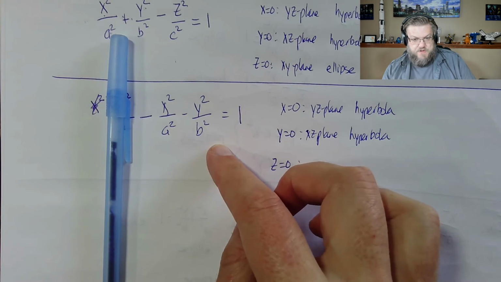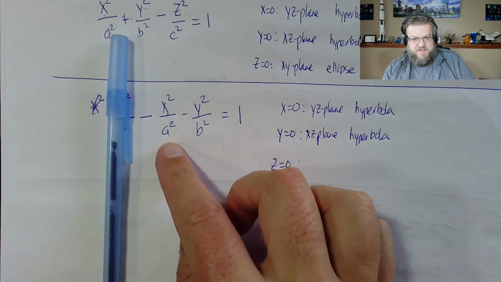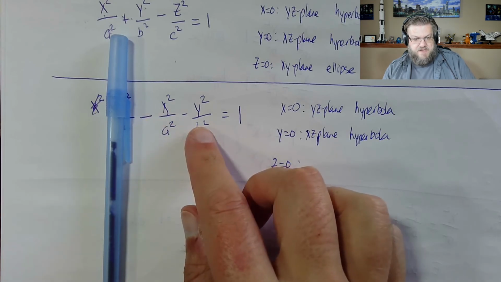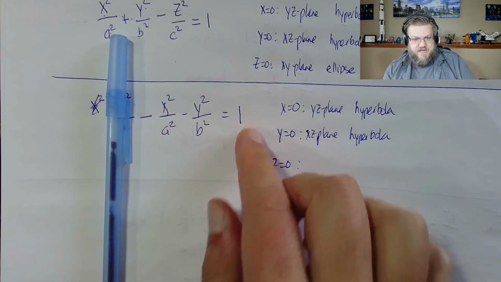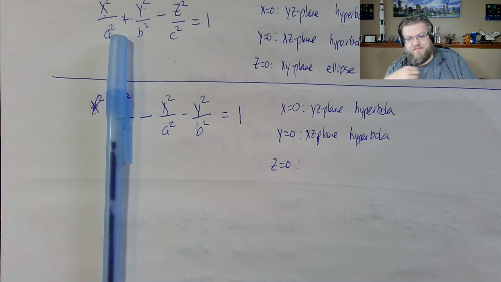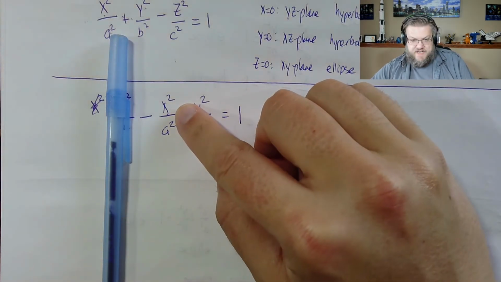Well, maybe it's an ellipse, because if I multiply this by -1, that'll make this plus and plus. But wait, that changes that to be -1. Wait a minute. Think about this a little further. Isn't this always a negative number?